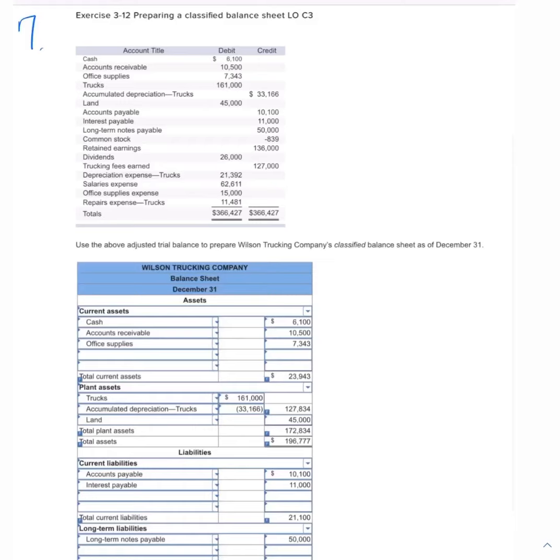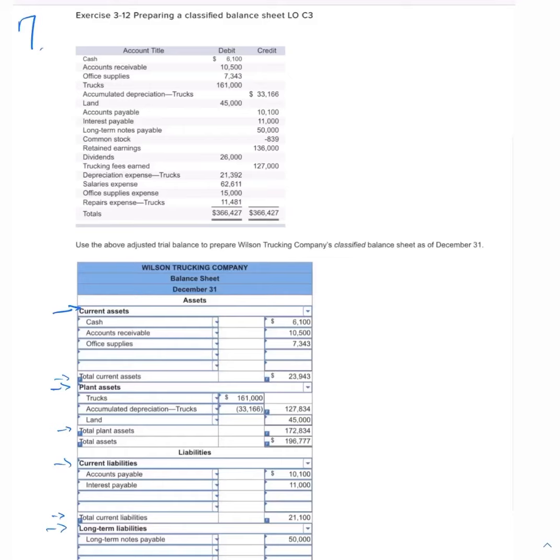So what's the difference? Well, if you notice, there are a couple of differences right off the bat, and it's these broad categories: current assets, plant assets, current liabilities, long-term liabilities. And with each of these, you also get a new subtotal: total current assets, total plant assets, total current liabilities, total long-term liabilities if there was more than one, total liabilities.